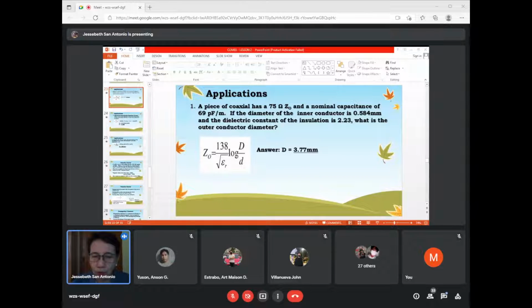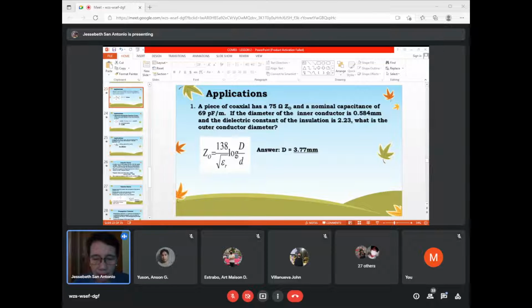Dun sa formula, yung square root of the dielectric constant, mawawala kasi square root of 1 is 1. 138 divided by 1 is 1, right? So, magiging ang formula mo is 138 times the log of capital D divided by the small d. Maliwanag?